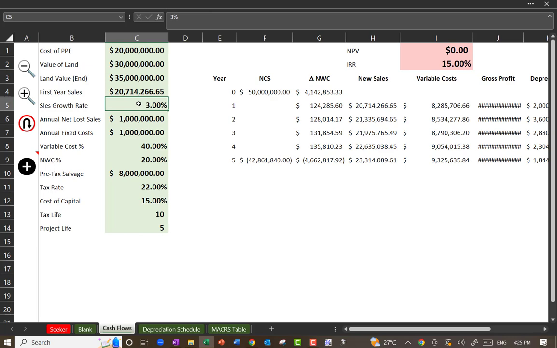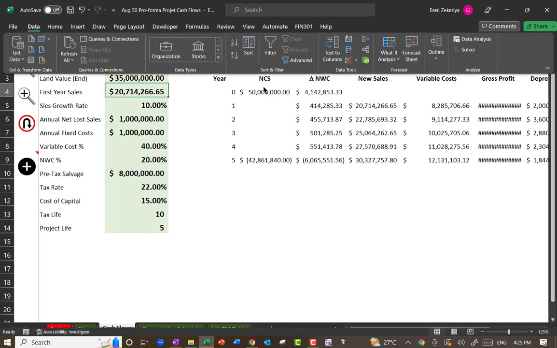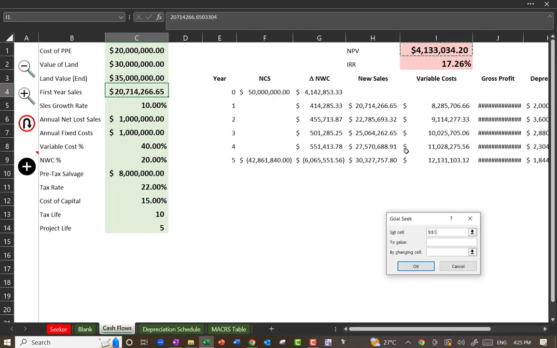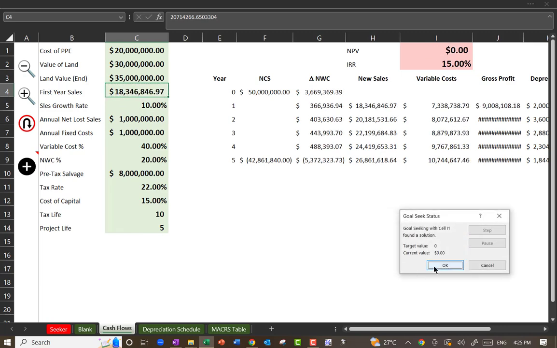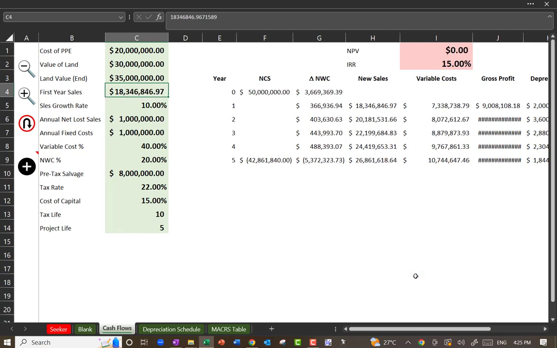Maybe, let's say, whatever first year is, I can grow by 10%. Then we can do the same analysis. Make NPV 0 by changing first year sales. Something like that. Right? You can play around with it.